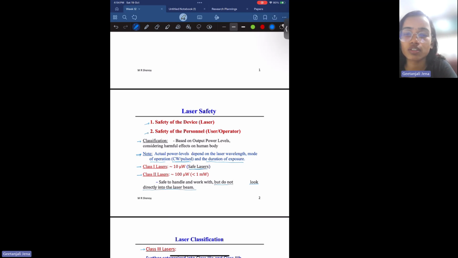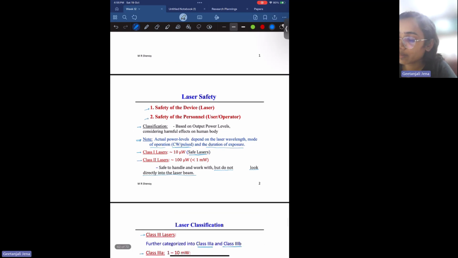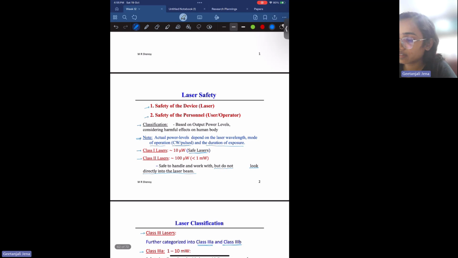So it depends on the power level of the laser. The actual power level depends on the laser wavelength, the mode of operation, whether it is a continuous wave or a pulsed laser beam, and up to what time you are exposing to or using the laser beam.